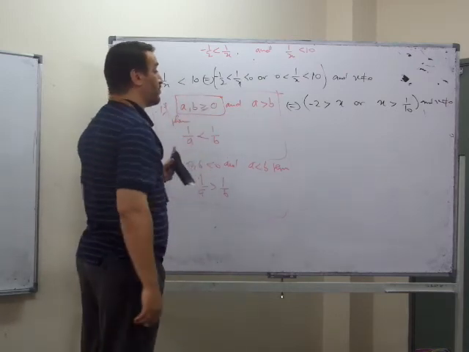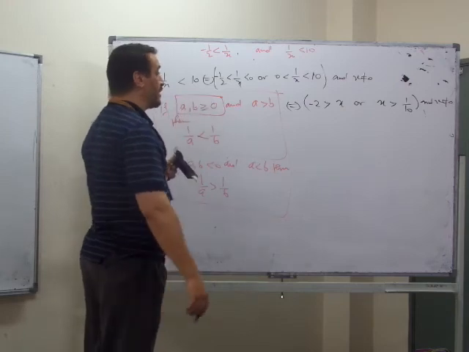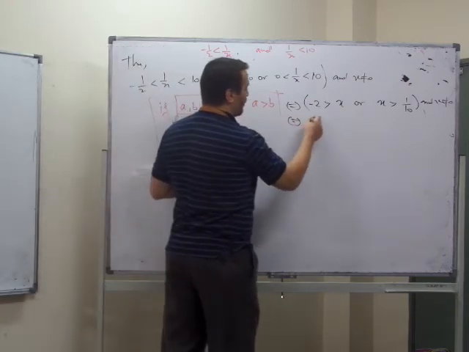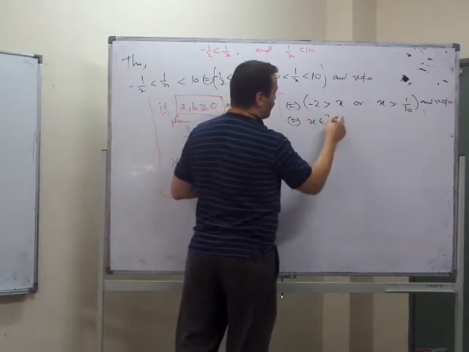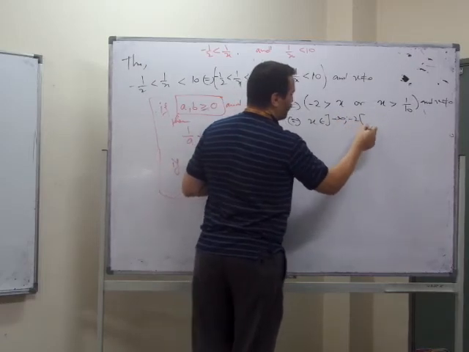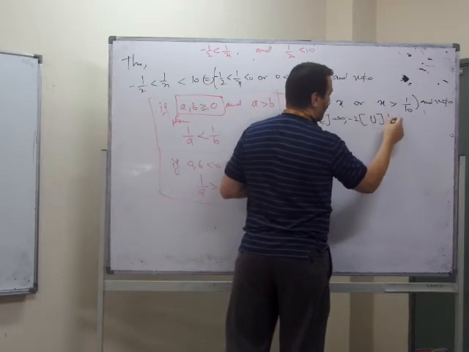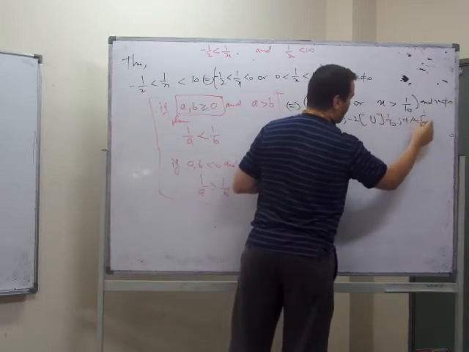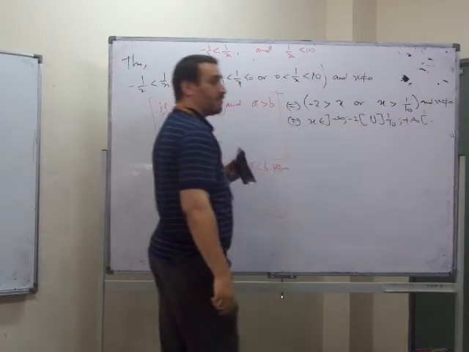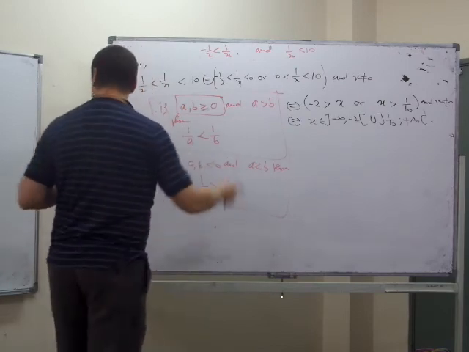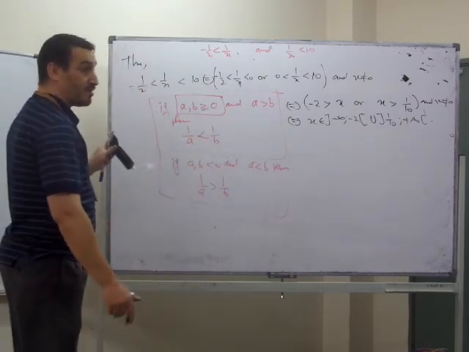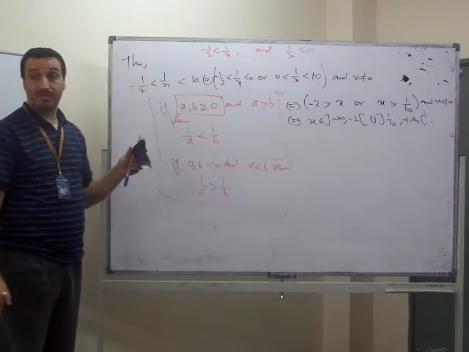You will see that you get it. Then this one comes to say x belongs to negative infinity to negative 2, union 1 over 10 to plus infinity. 0 is not here, right? Okay? Then I have the same answer. Okay?